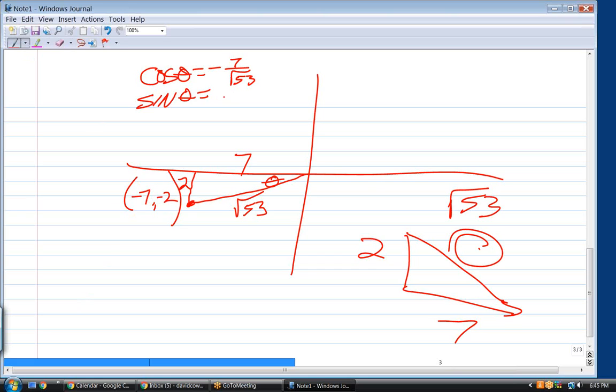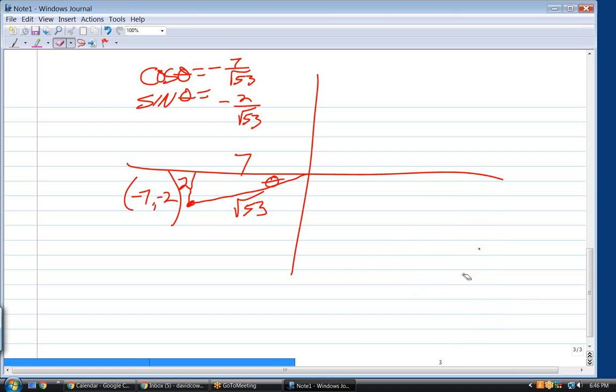What's the sine equal to? It's 2 over square root of 53. Okay. Now what do we have to do to both of those answers? We have to multiply it by the square root of 53, top and bottom.